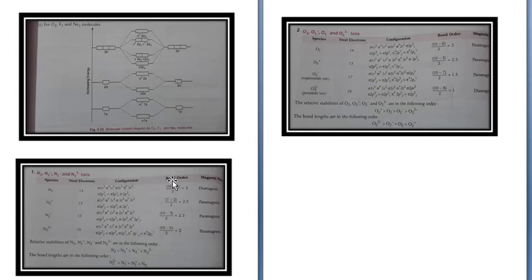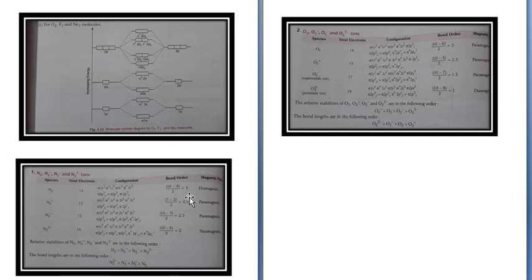Sigma 2s2, 2 plus 2, 4. Pi 2p2y, 4 plus 2, 6. Pi 2p2z, 6 plus 2, 8. And sigma 2p2x, 8 plus 2, 10.